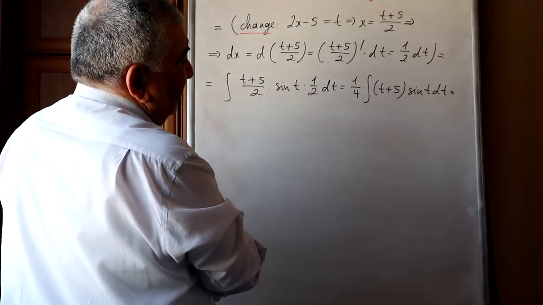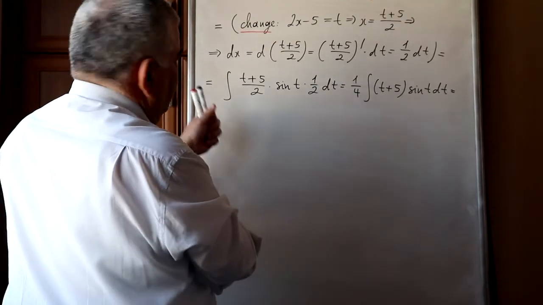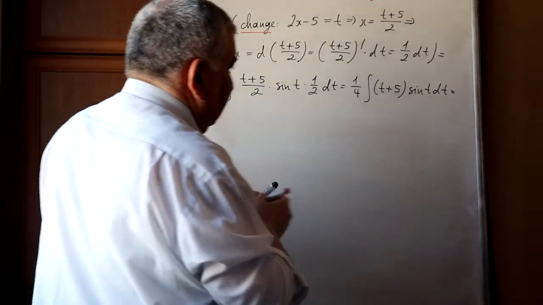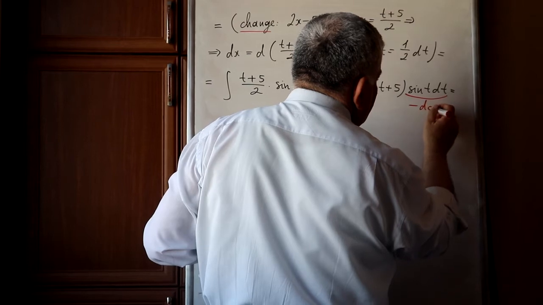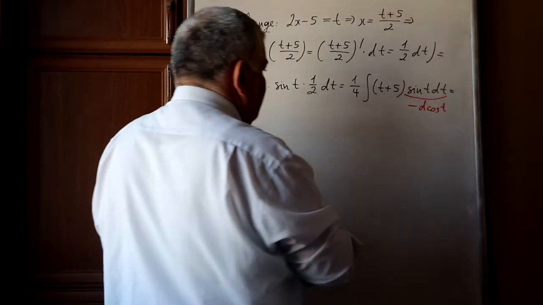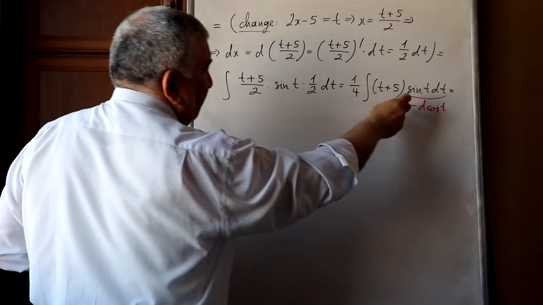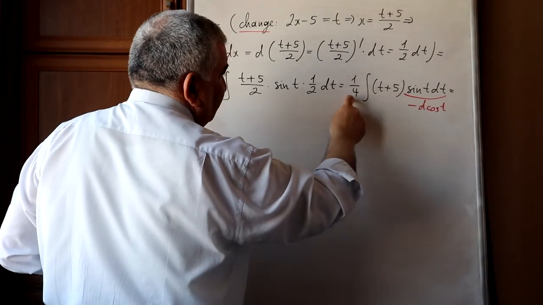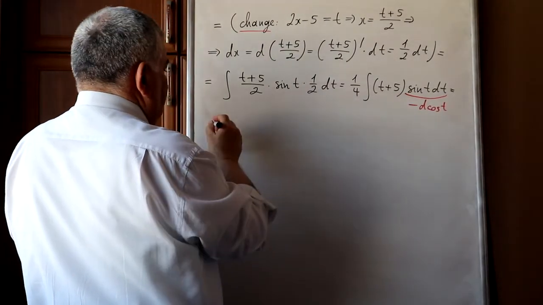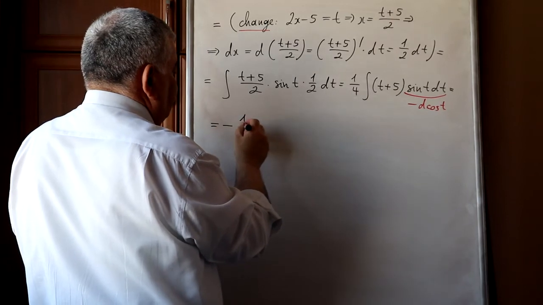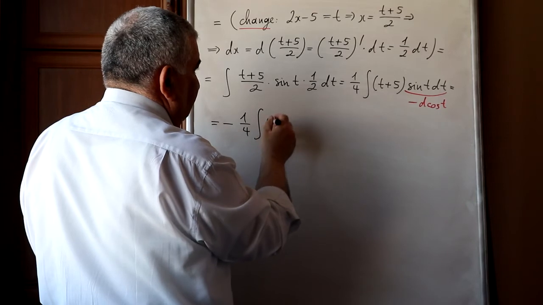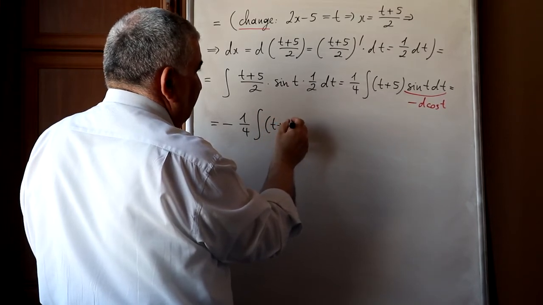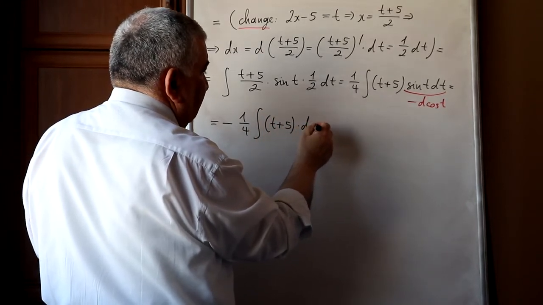And according to the antidifferential table, you know that sine t dt is minus d cosine t, and then we can take the negative sign out of the integral symbol, equals minus 1/4 integral of (t plus 5) multiplied by d cosine t.